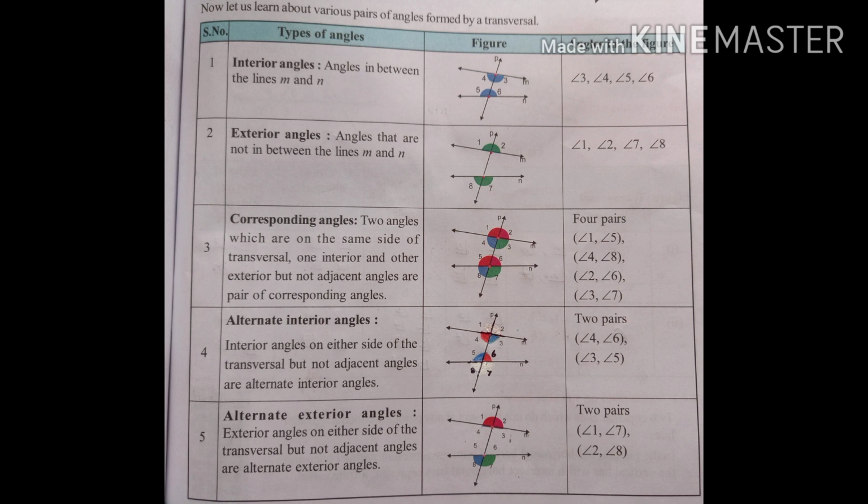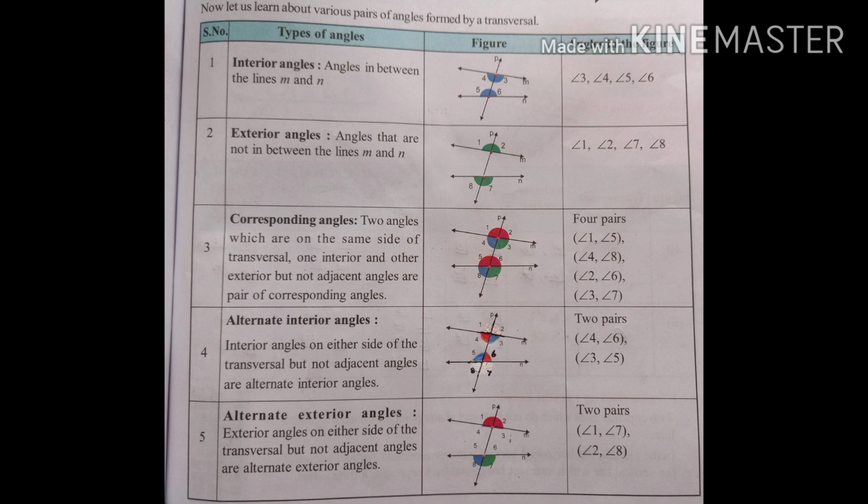Fourth one, alternate interior angles. Interior angles on either side of the transversal but not adjacent angles are called alternate interior angles. That means these angles lie on either side of the transversal, interior of the lines.